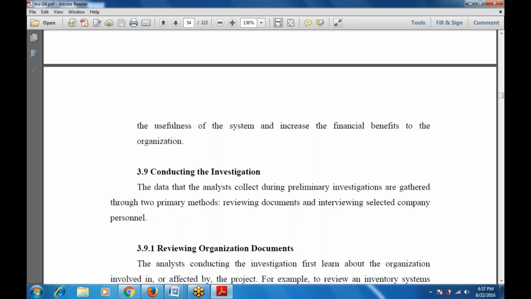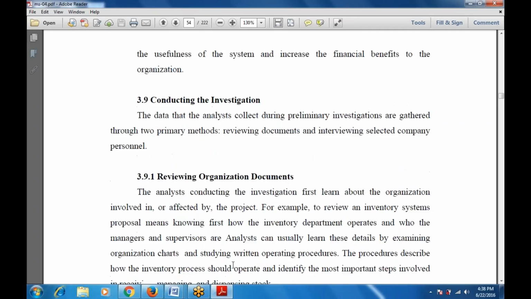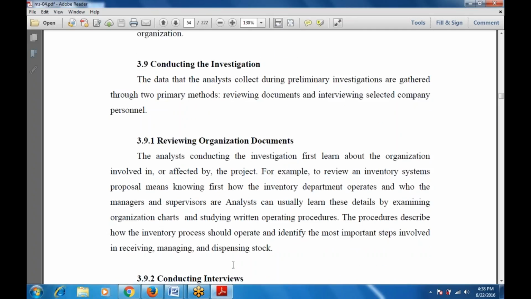First one is how to review the organization's documents. The analyst conducting the investigation first learns about the organization involved in or affected by the project.